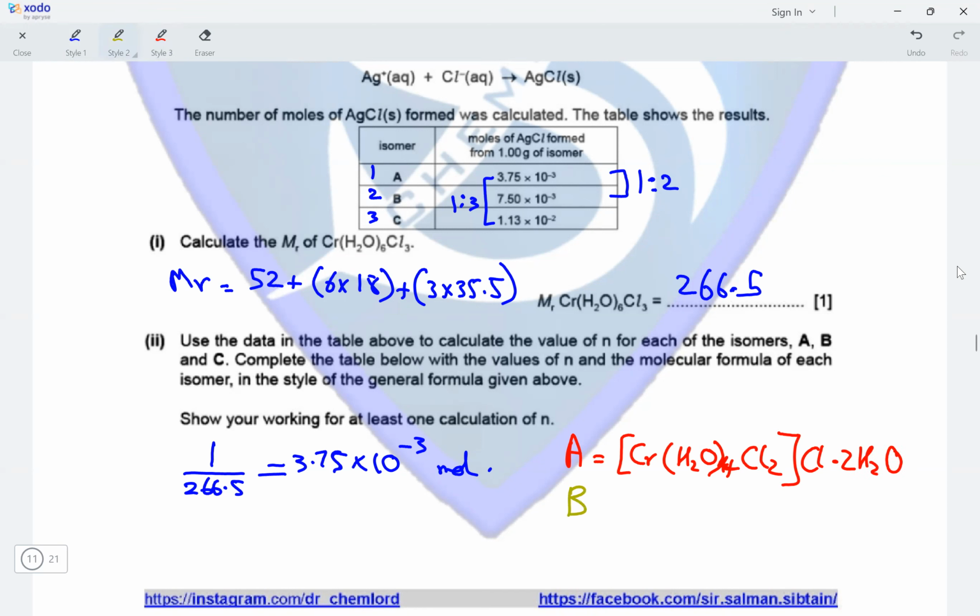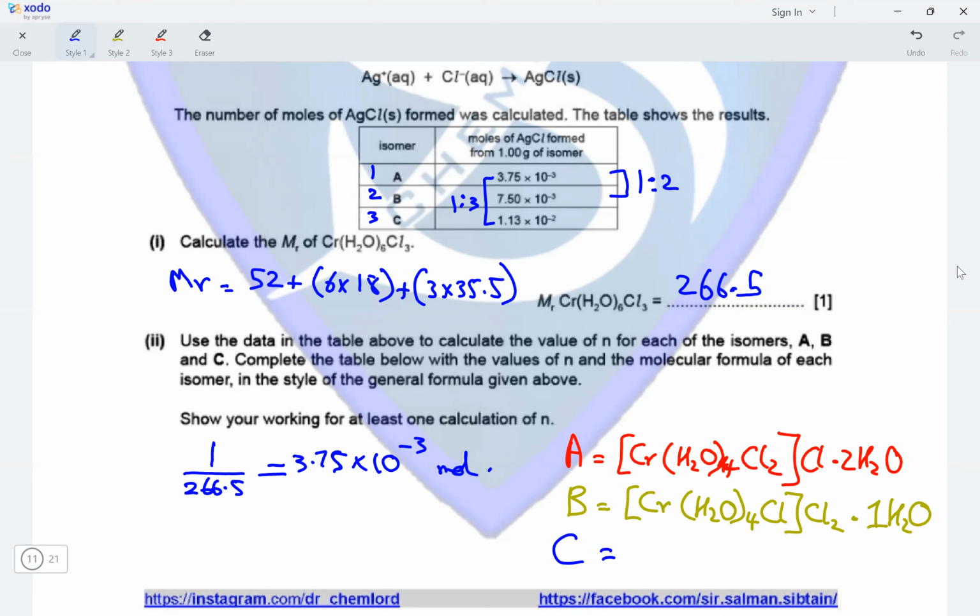For B, the molar ratio is 1 to 2. That means two chloride ions would be released and react with silver ions. So the formula of the complex would be [Cr(H2O)4Cl], and on the outside it would be Cl2, and dot 1 H2O, because the value of n in the formula is 1. Just to make a correction in the structure of formula B, the number of water molecules in the complex would be 5 and not 4. So that is how we would have two chloride ions on the outside. In the case of C, we have the ratio of 1 to 3.